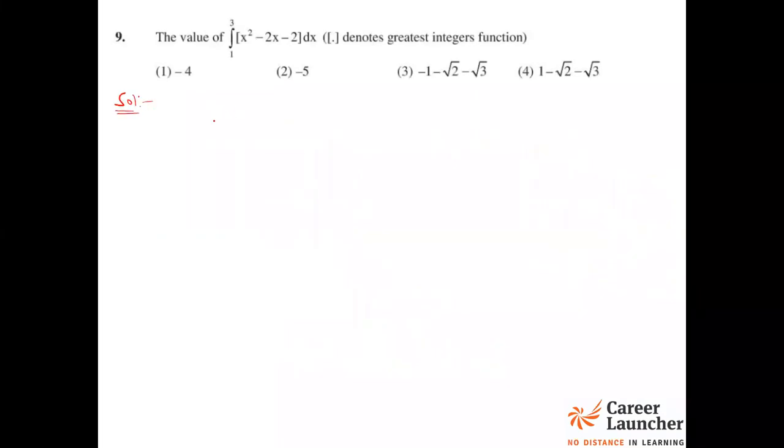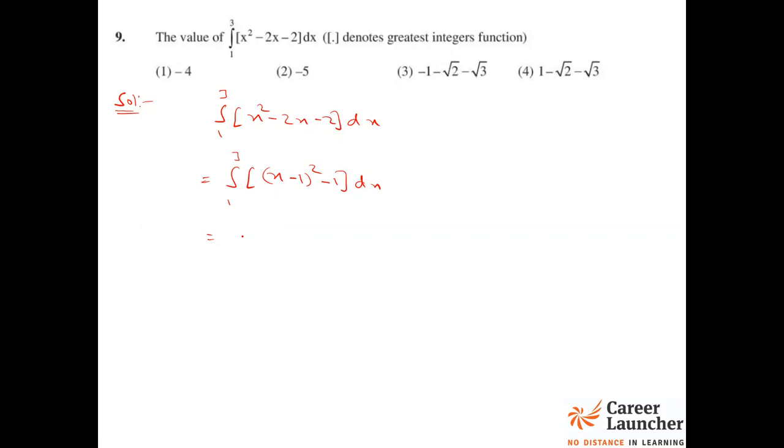We need to find the value of this integral from 1 to 3, step of x square minus 2x minus 2. Now let us use the complete square method. So we can write this as x minus 1 whole square minus 3 dx. Now integers we can bring outside the step function.